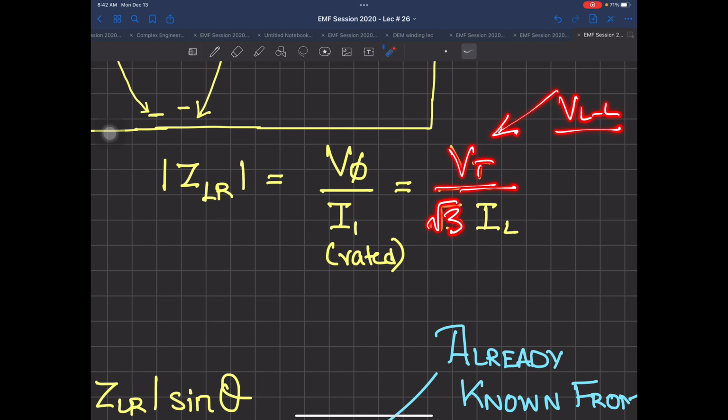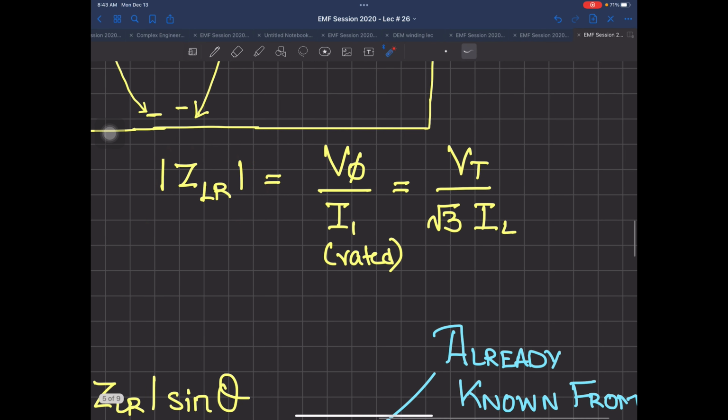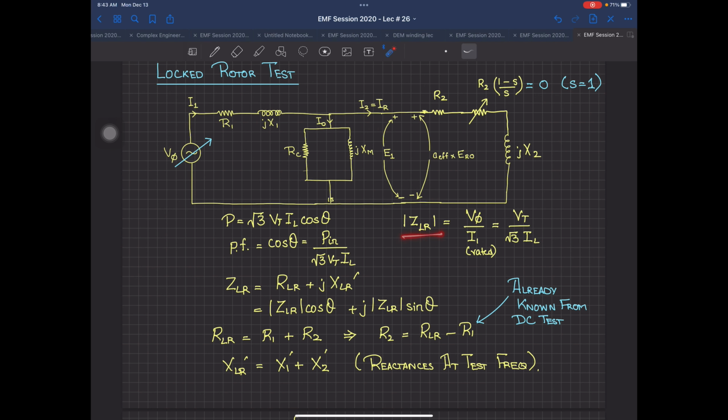So when you have line to line voltage, you have to divide it by root 3 to find out the phase voltage. So that phase voltage divided by the I1 rated value will give you ZLR in magnitude form. And when you have the magnitude form, you can convert it into RLR plus JXLR.